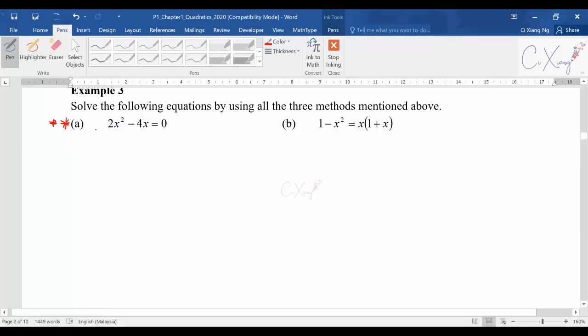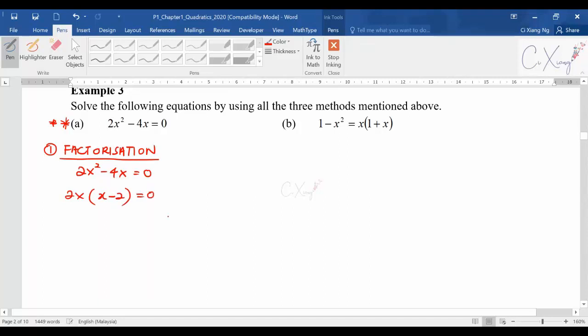Alright, let us start with the first method. The first method is factorization. For factorization, this question is very easy. What I'm going to do is 2x squared minus 4x equals 0. And I can factorize out the 2x. So when I factorize out the 2x, I have x minus 2 in the bracket itself.